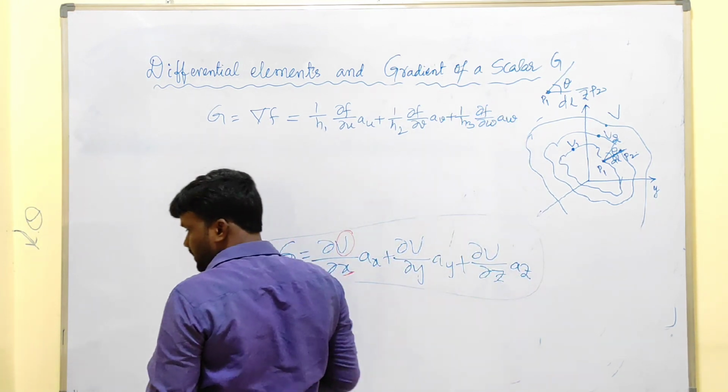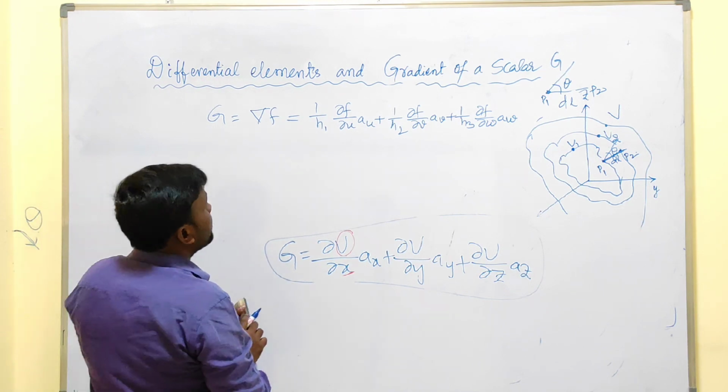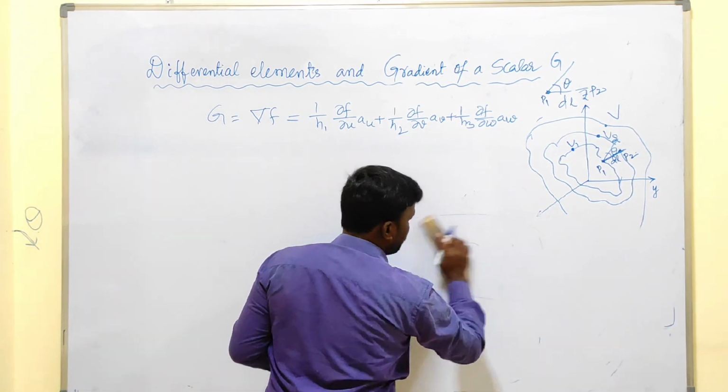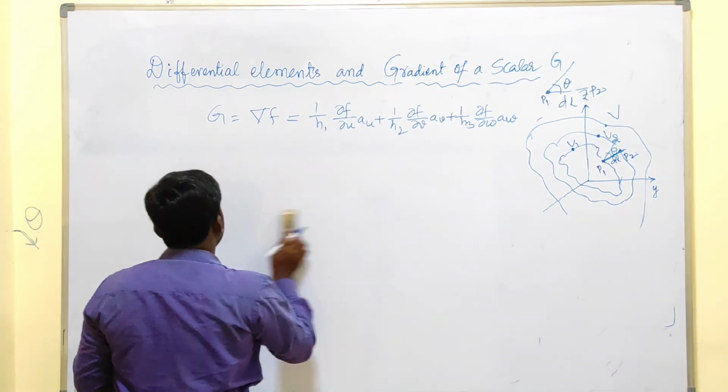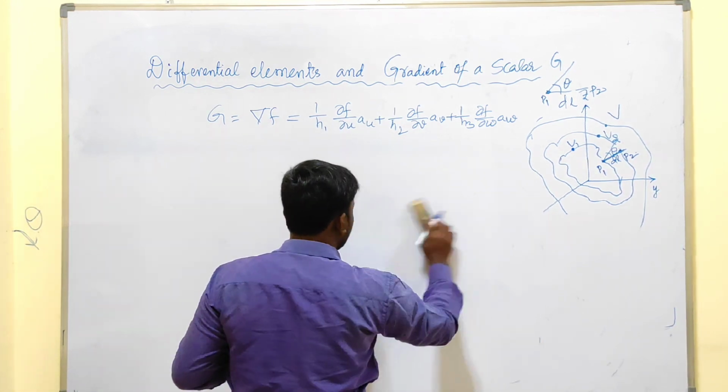Now substitute h1, h2, h3 in this expression, and we will get the gradient formula in different coordinate systems.